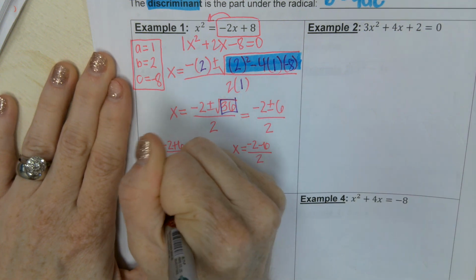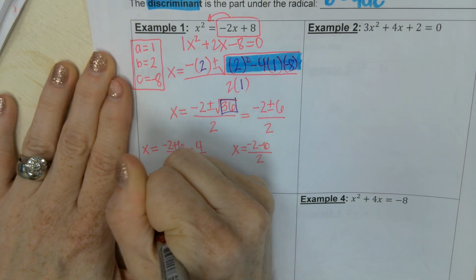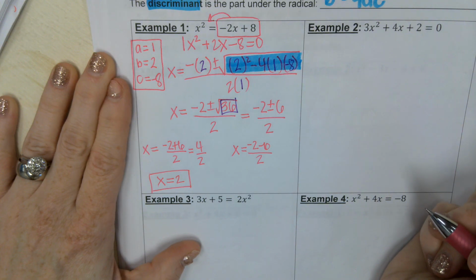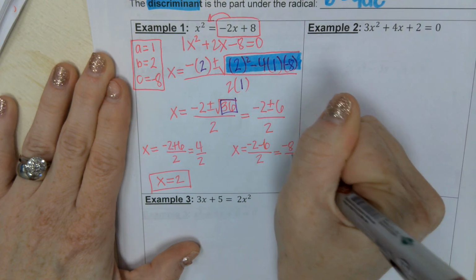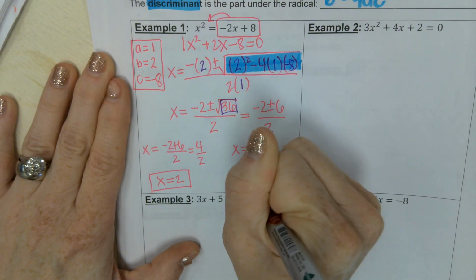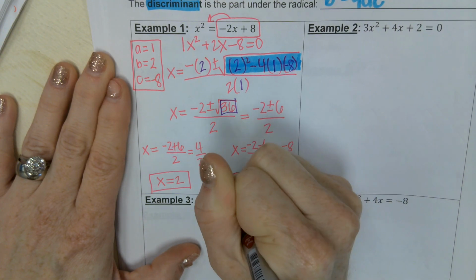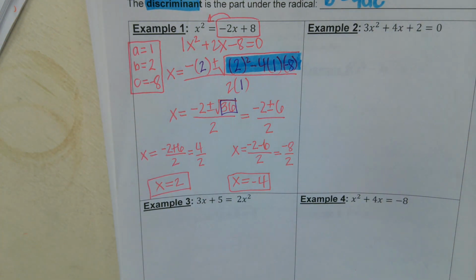And 4 over 2 simplifies to 2. And negative 2 minus 6 more is negative 8. And negative 8 cut in half is negative 4. Okay?